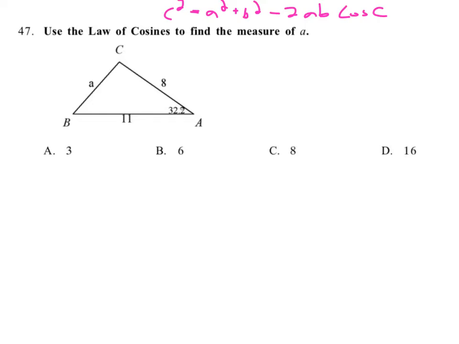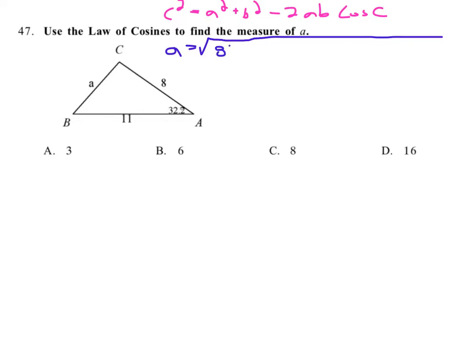What we're going to do is figure out which side is C. Well, C is the side opposite the angle, always. So we're going to say that's A. So now we'll just call it A squared. Doesn't matter. And in fact, let's say A is equal to the square root of, since we're eventually going to square root it anyway, we might as well just type it all into the calculator exactly how it's going to be. And then, of course, the other two sides are just the sides they gave us.